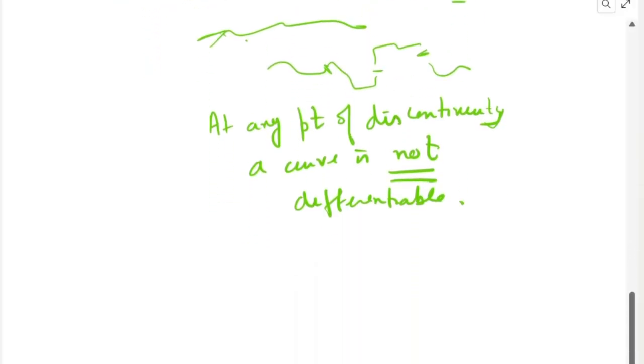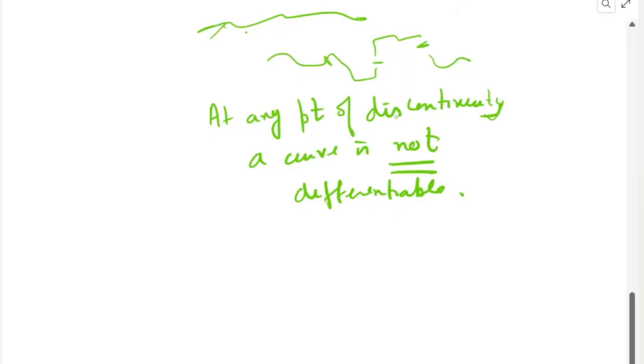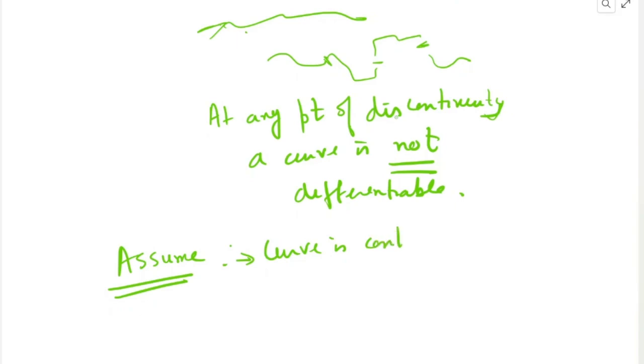For our purpose now, we are considering that our curve is continuous. So for the further discussion I will be doing right now, I assume my curve is continuous. So there is no question of discontinuity. So I know the function is differentiable.